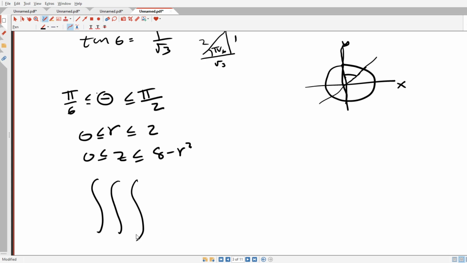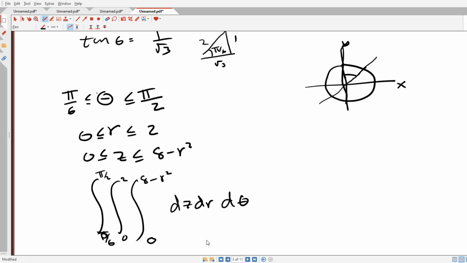Let's go with respect to z first. So this is 0 to 8 minus r squared, then 0 to 2, and then pi over 6 to pi over 2, dz dr d theta.